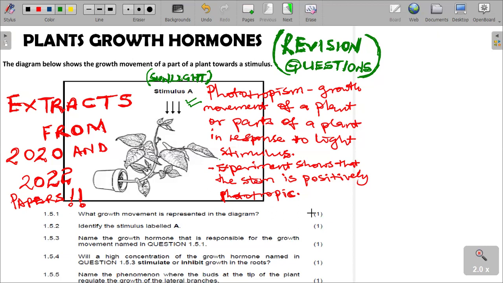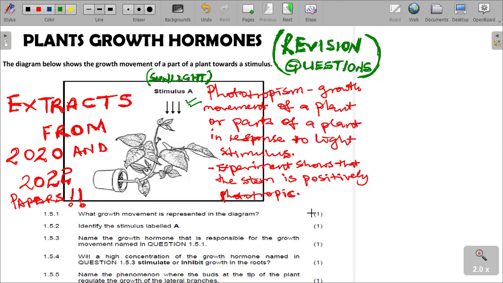I'm sure in your lower levels you did experiments to explain if light is necessary for photosynthesis or plant growth. Here we see a plant lying in a tin, growing straight upwards, responding to the effects of light. Hence, we say it is phototropism.